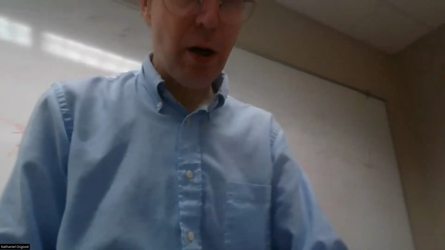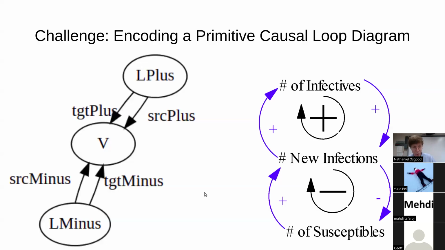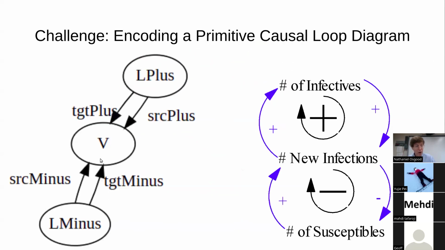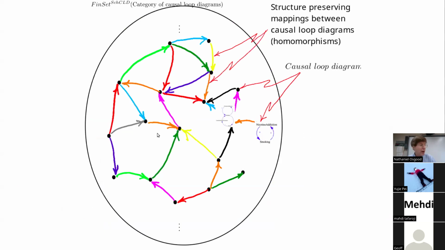So that was a little bit on the terminology and philosophy that we'll be operating with in the context of this book and when we're in this area. I do want to pop up for a moment and note, if we encode causal loop diagrams, it bears noting that they can be placed in a category.